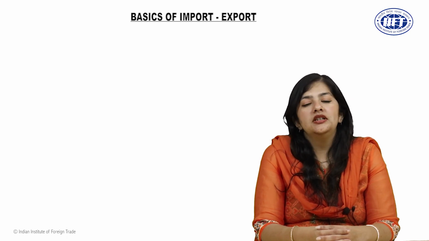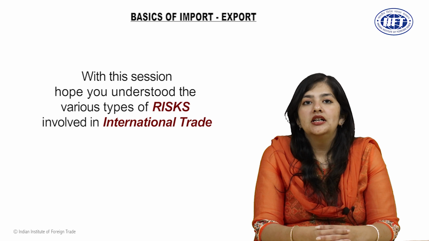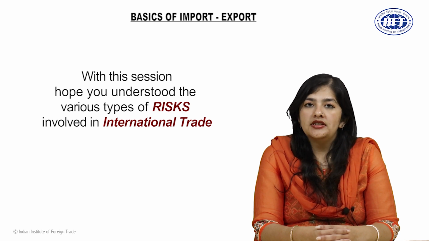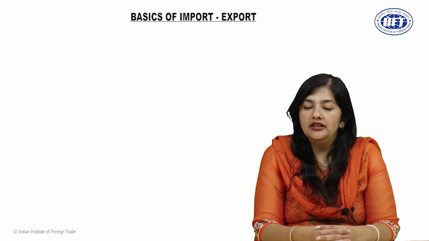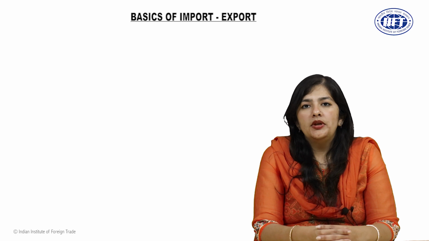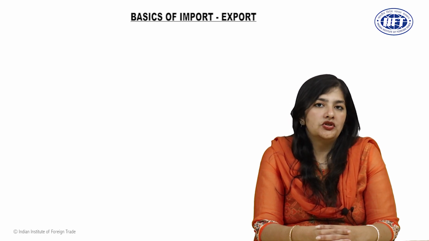After the completion of this session, all of us would be in a position to understand various types of risks involved in international trade, specifically credit risk, which is related to non-realization of payment due to various reasons, maybe attributed to insolvency of the buyer, political risks, or any other commercial risk.